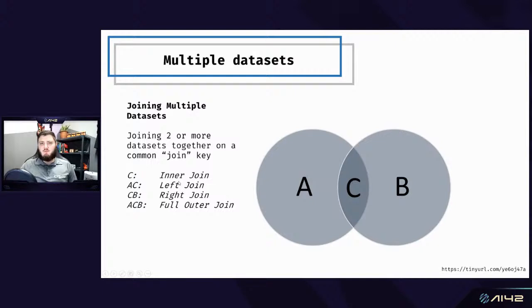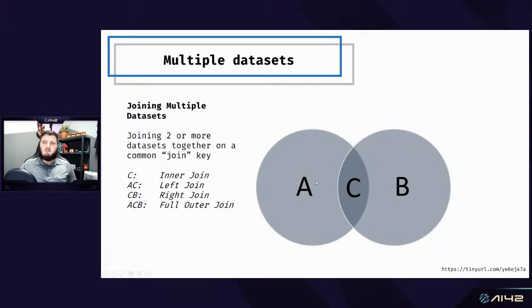In the example of the employee tables, you should have employee number in your employee table, and most likely employee number in your salary table. Those two will be correlated, so employee number one will have the salary of employee number one in the salary data set. When I want to join these two data sets together, you can do an inner join, where I want to return all the data that matches between both data sets.